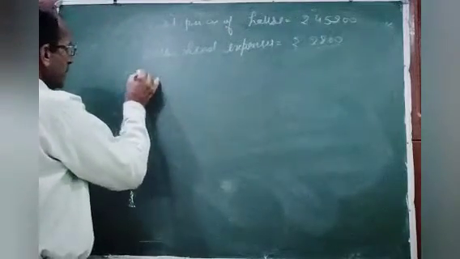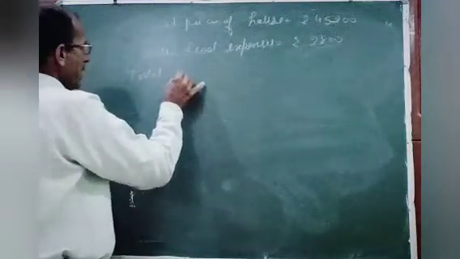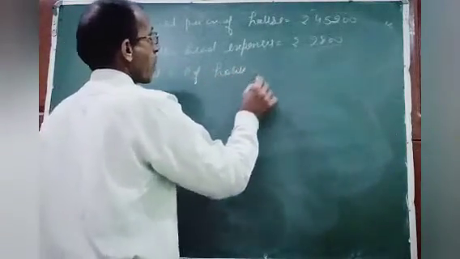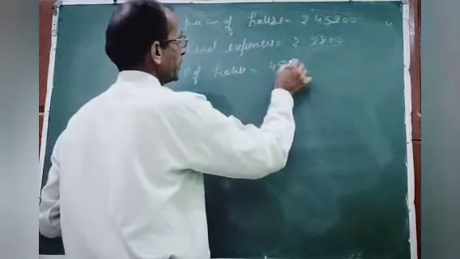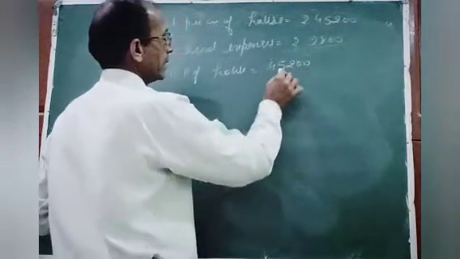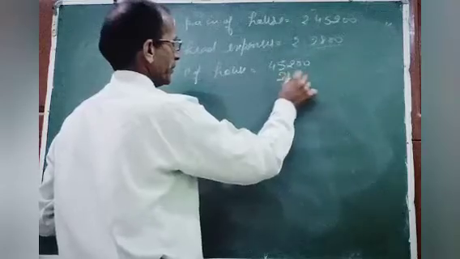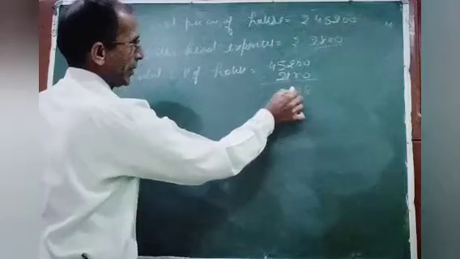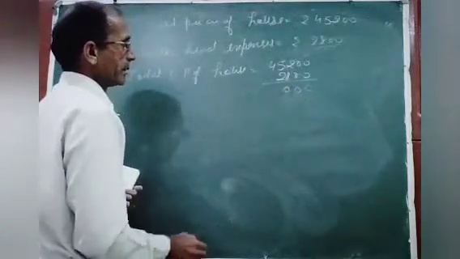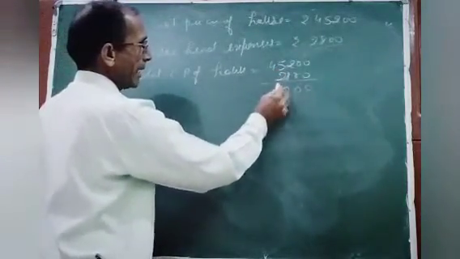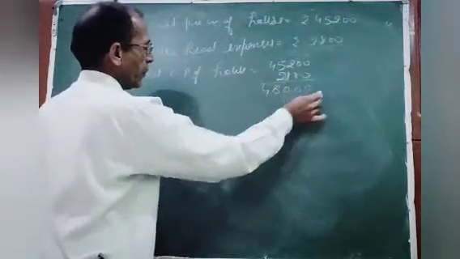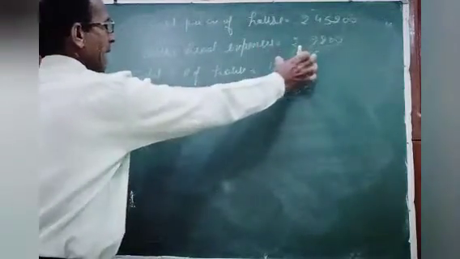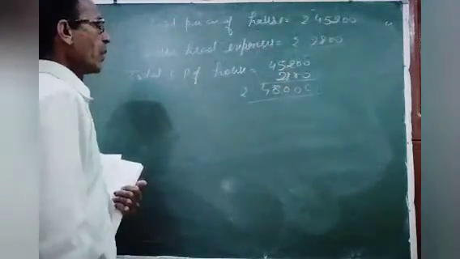Total CP of house: 45,200 plus 2,800. So 48,000. With the overhead expenses, total CP will be 48,000.